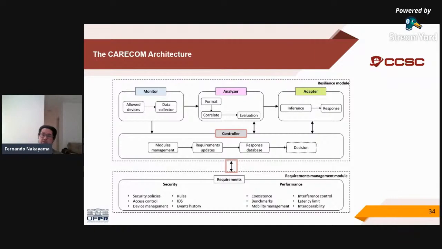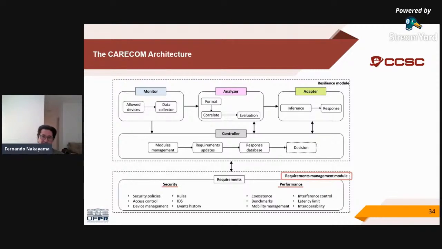The components in the resilience module need continuous updates regarding security and performance. The controller component handles these updates. Also, the resources for the essential services can change, requiring alterations that might involve the requirements management module. So the requirements management module holds security and performance approaches that are exclusive for each essential service.